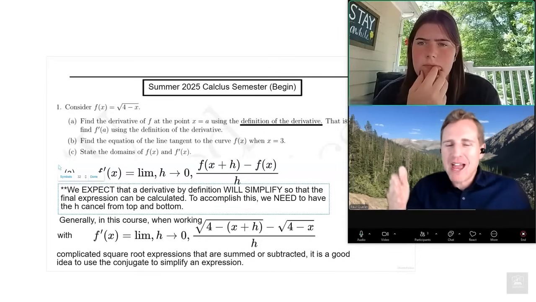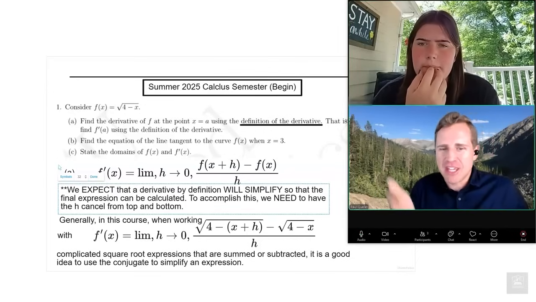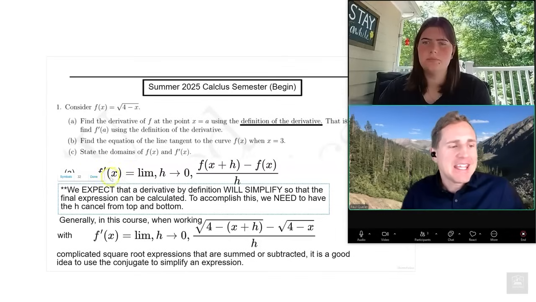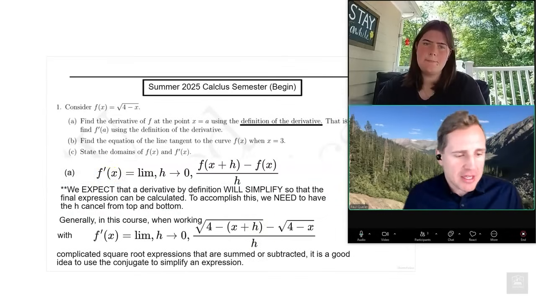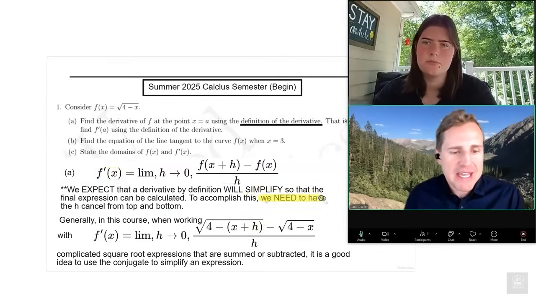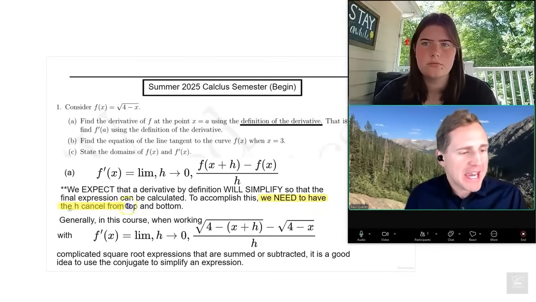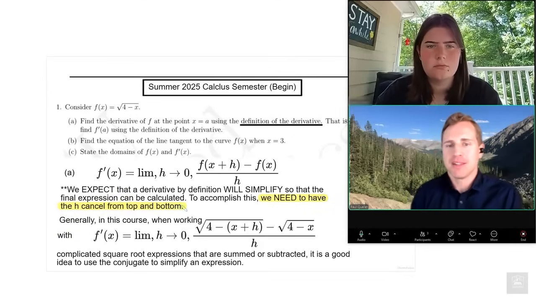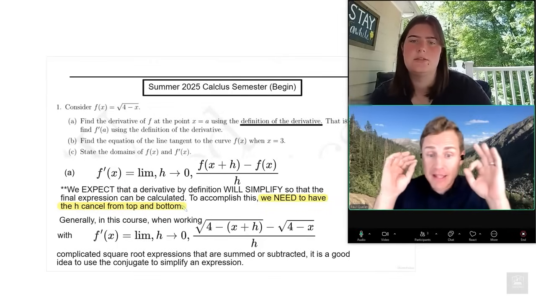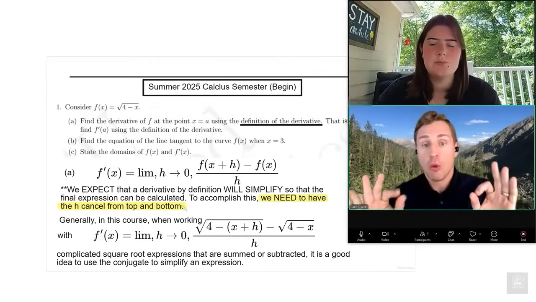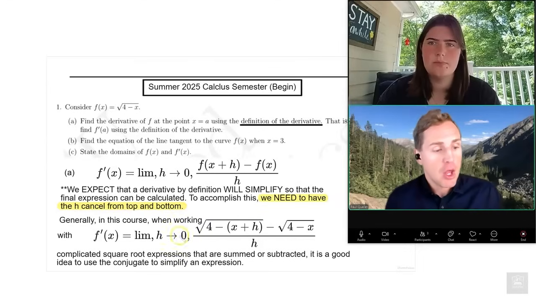So do we really want that h to stay, or do we want that h to cancel? Oh, to cancel. Yes. So to accomplish this, and I'm going to highlight this, we need to have the h cancel from top and bottom. Does that make sense? That is not negotiable. We must have that happen.